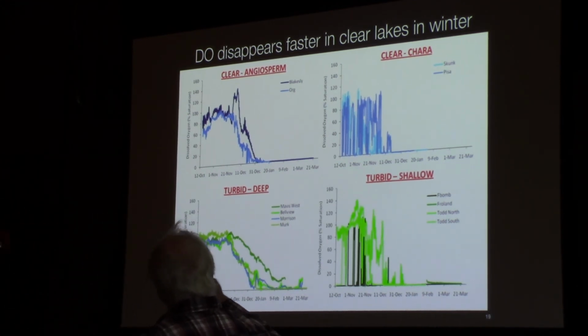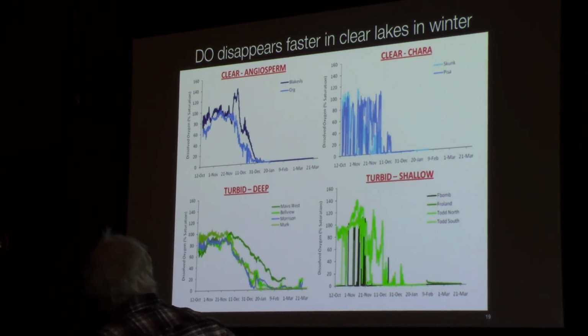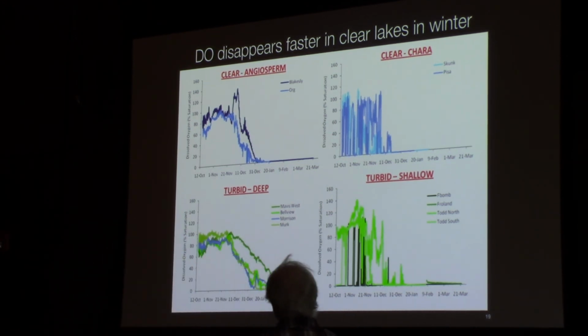And basically what you see here is that not always, but in the turbid lakes, the oxygen tends to extend almost into February in those systems. Whereas in the clear lakes, where you have angiosperms, the oxygen usually is gone by early January.